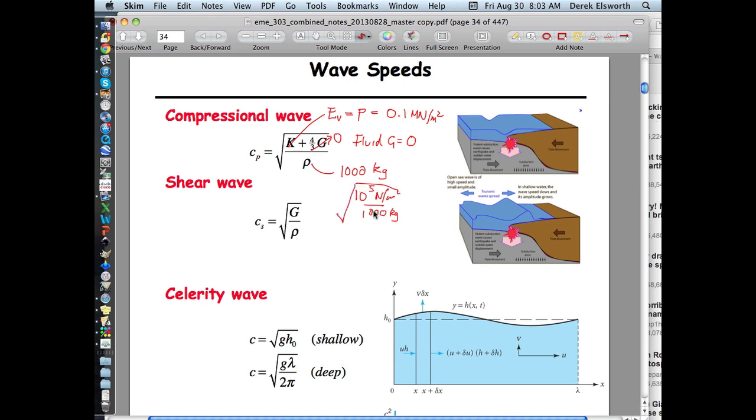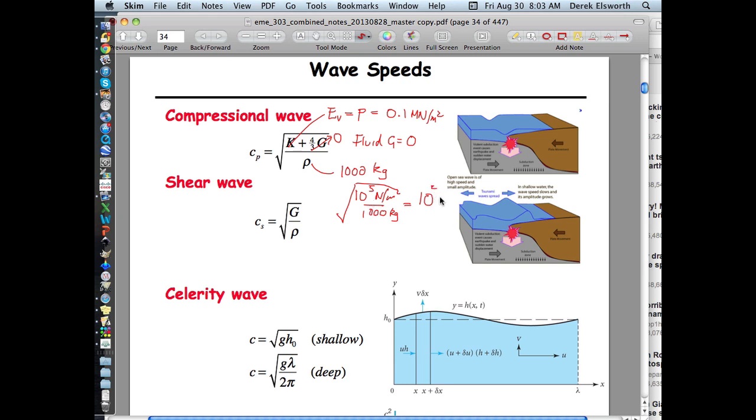So 1,000 kilograms is 10 to the 3. So it's 10 to the minus 3 times 10 to the 5, which is 10 to the 2.